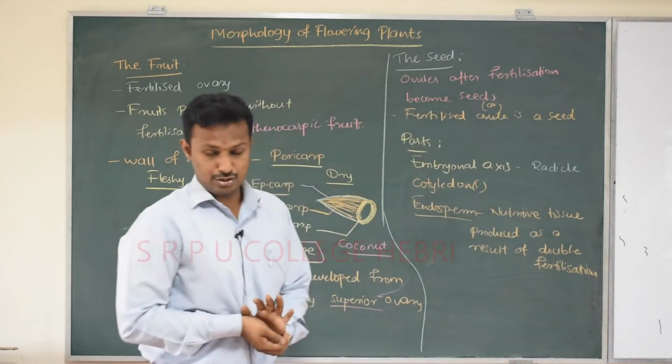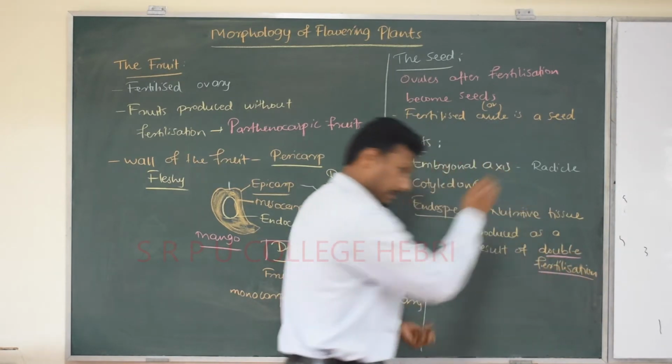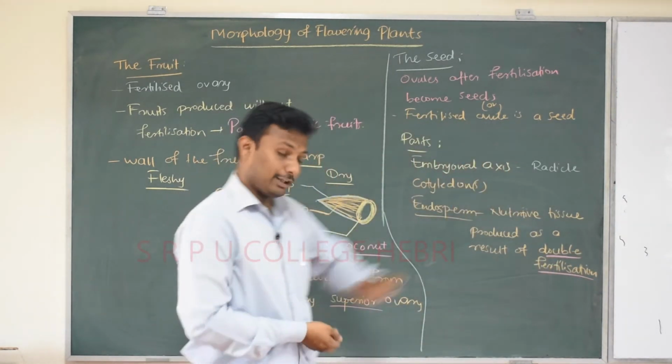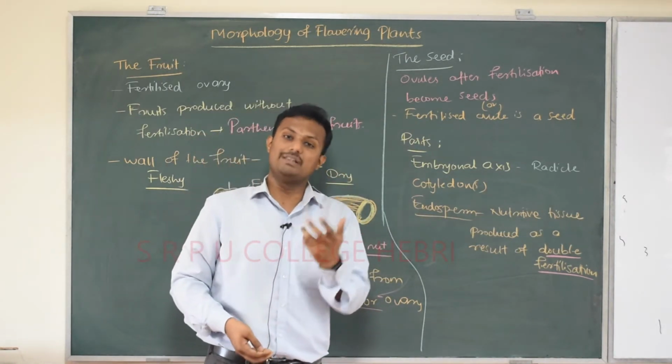Only in the case of the angiosperms, there is a particular type of fertilization called double fertilization. And during the double fertilization, a nutritive tissue is formed within the seed.